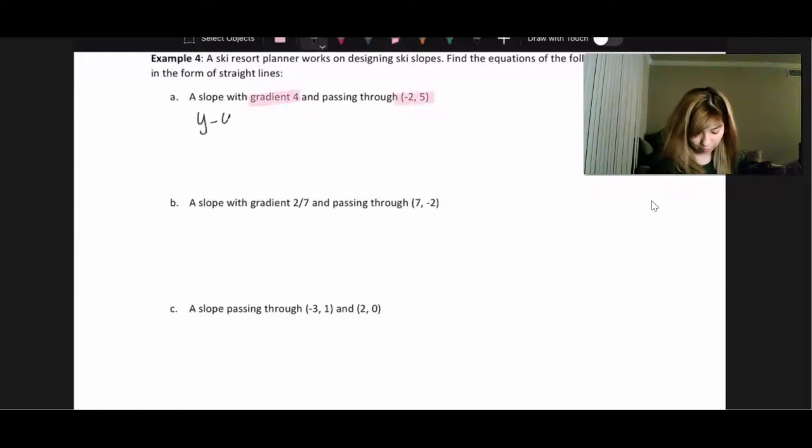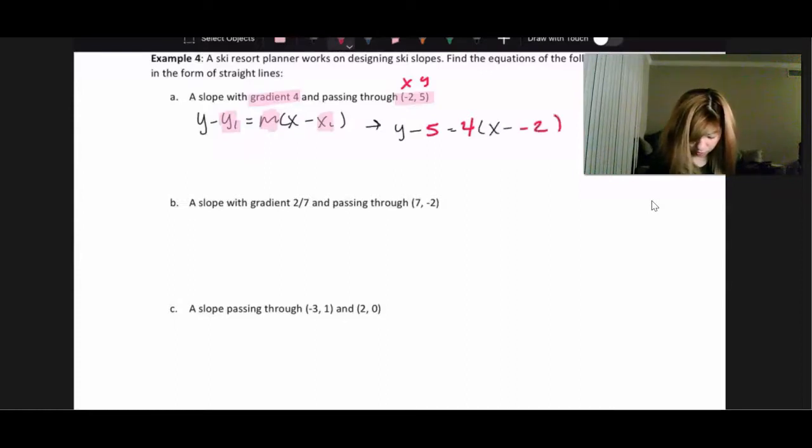So y minus y1 equals m, x minus x1, which once again is point gradient form. But I know my y1, I know my slope, I know my x1. That's going to give you y minus my y1, which is 5, equals my gradient, which they told me to be 4, parentheses, x minus my x value, which is negative 2.